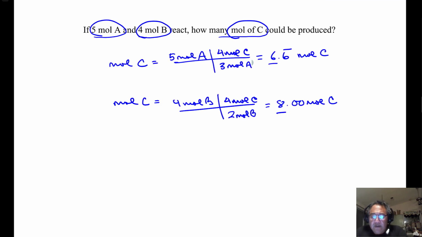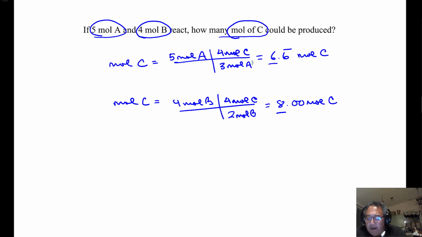All right, so here we go. You're going to calculate moles of C from 5 moles of A and moles of C from 4 moles of B. I pulled the reaction ratios, or the mole ratios, from the balanced reaction. There are 4 moles of C for 3 moles of A, for example. And I get 6.6. That rounds to 7, but I decided not to round it at this point.